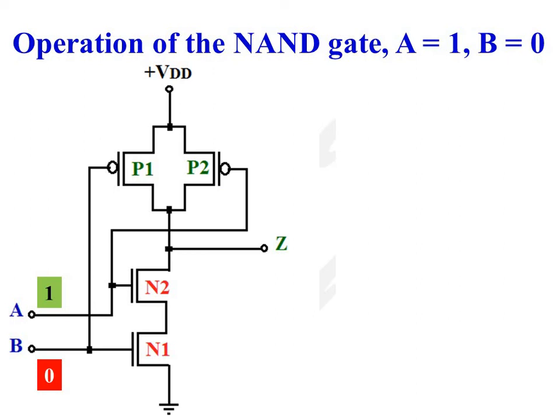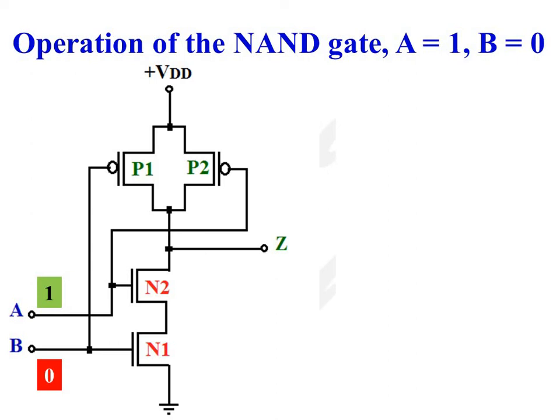When A is equal to 1 and B is equal to 0. As A is equal to 1, gate of NMOS transistor N2 is existing at logic 1, so NMOS transistor N2 is in the on condition. Gate of PMOS transistor P2 is existing at logic 1, so PMOS transistor P2 will be in the off condition.